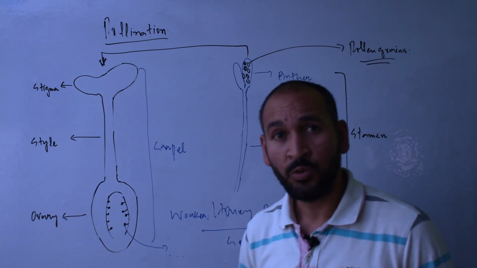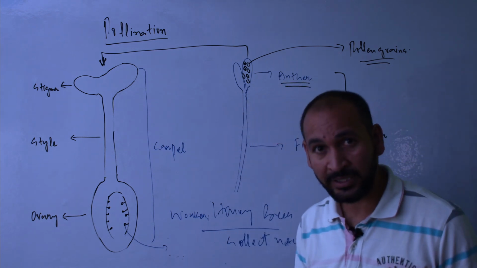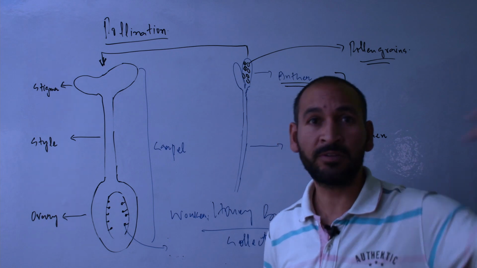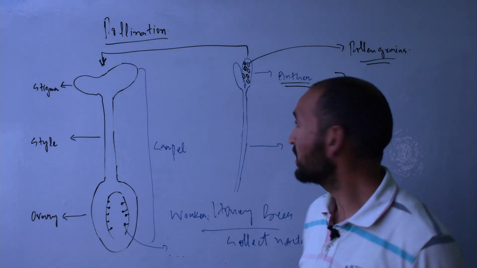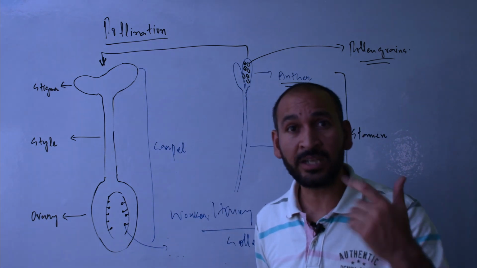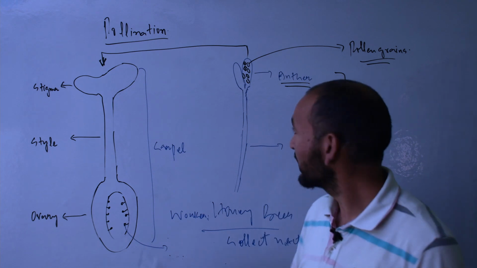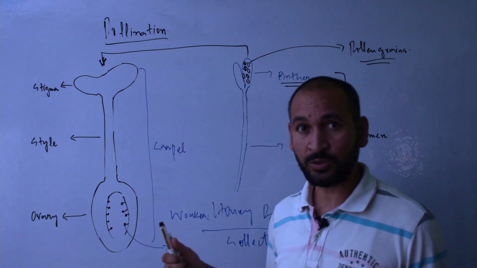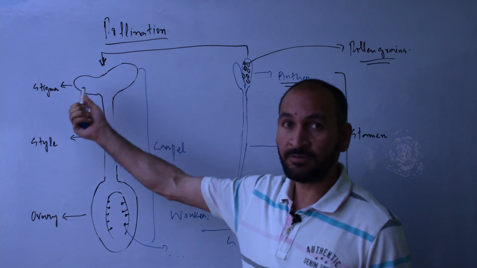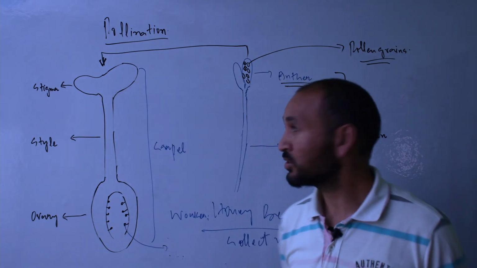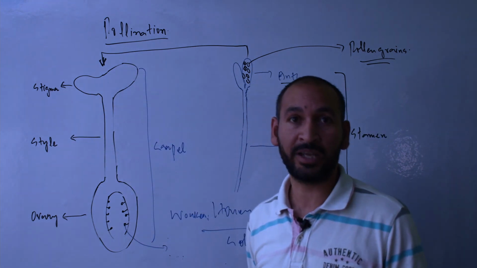But while collecting nectar, they go from one flower to another. Pollen grains actually stick to their body. So when they go to another flower, they can dust those pollen grains on the stigma there.